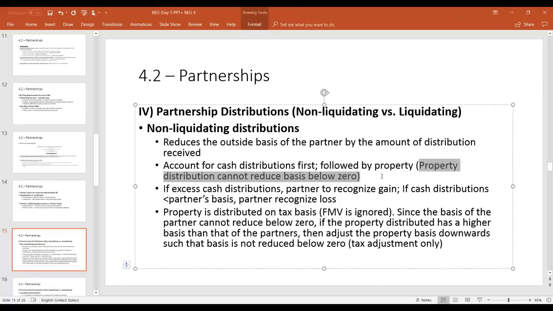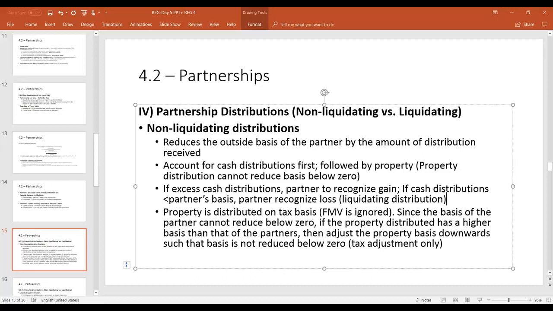Now, if there are excess cash distributions, the partner will recognize a gain. If the cash distribution, say, is less than partner's basis, the partner recognizes a loss, but not here. This is only for actually liquidating distribution. But in a non-liquidating distribution scenario, if the partner receives cash in excess of his basis, then he would recognize a gain.